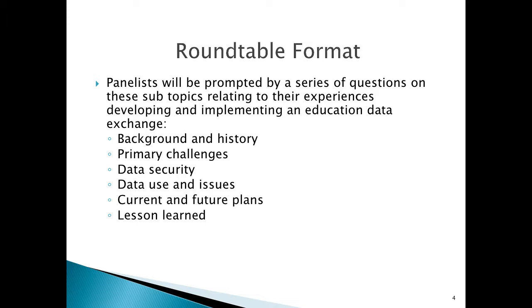So we worked closely with Dane County here in Madison and Madison School District, and with DPI, we worked closely with our local partners to help them develop an MOU and a data sharing agreement.